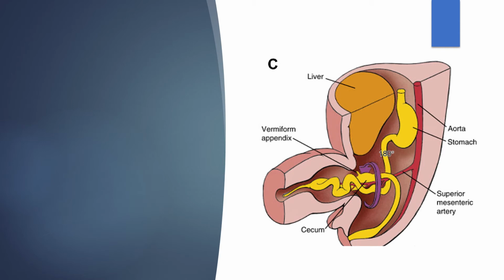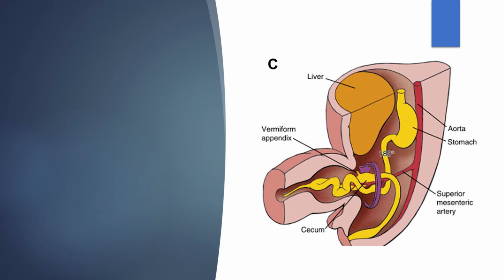Up to the 10th week it is a physiological hernia. Once the abdominal cavity becomes enlarged, this herniated part re-enters into the abdominal cavity. This process occurs by means of the rotation. So that is why we have seen the first rotation. Now the second rotation, how it occurs.